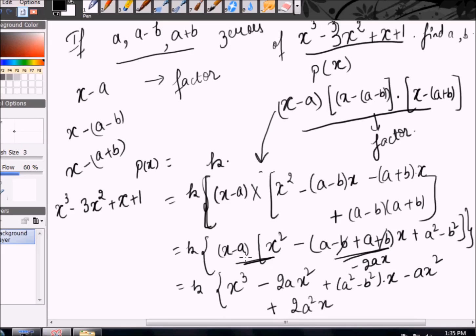When minus a is multiplied by minus 2ax, we get plus 2a square x, plus minus of a cube plus a b square.